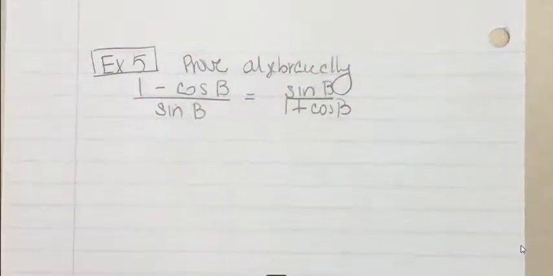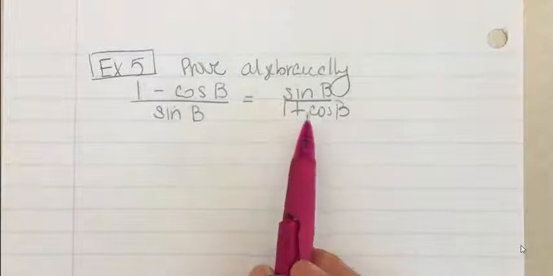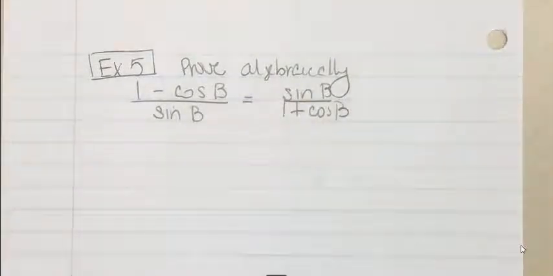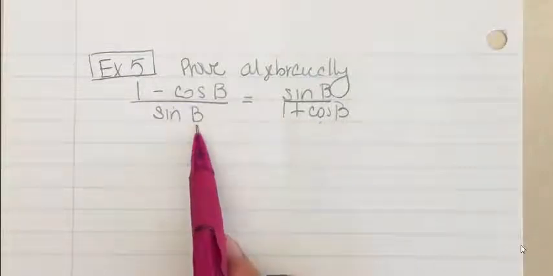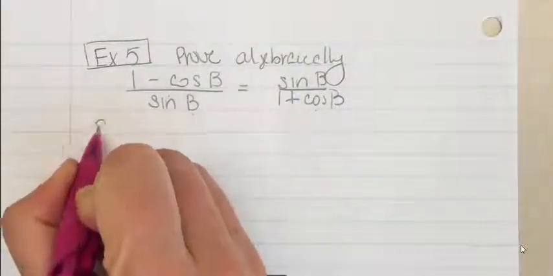Well, when I see something like 1 plus cosine b, I think of conjugate pairs. That was always a way that we were able to help ourselves simplify fractions when we were dealing with radicals, or when we were dealing with complex numbers. So we can do the same thing here. So I think I'm going to start with this side, and I'm going to try and turn it into this side.